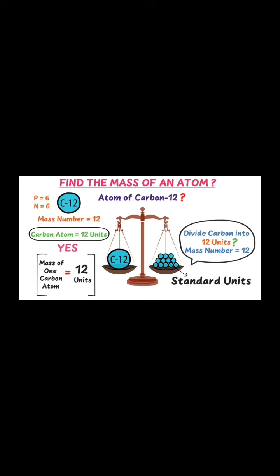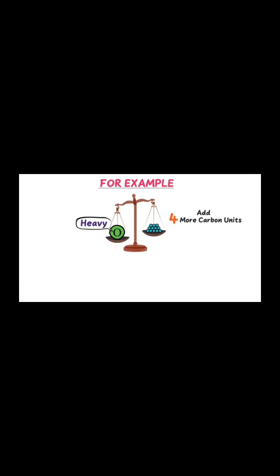These small units of carbon are used as the standard unit to measure the masses of different atoms. Let me give you some examples. Let's place a single oxygen atom on one side of the balance and 12 units of carbon on the other side.